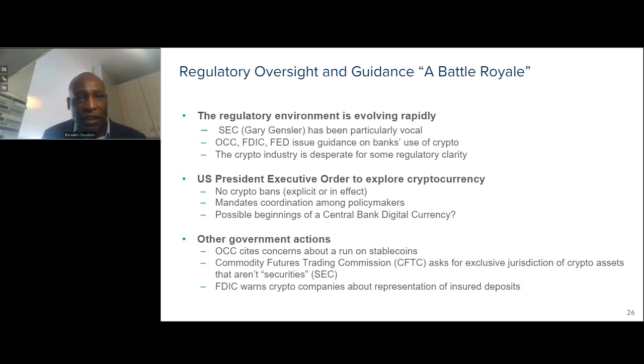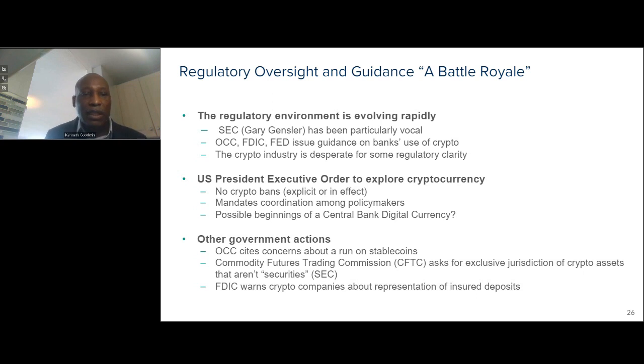And this goes back to that battle royale, right? The regulatory environment is evolving rapidly today. In fact, the CFTC's chairman was speaking in the U.S. Congress about what was happening with FTX. Gary Gensler has been particularly vocal, but he's also a member of the Financial Stability Oversight Council.